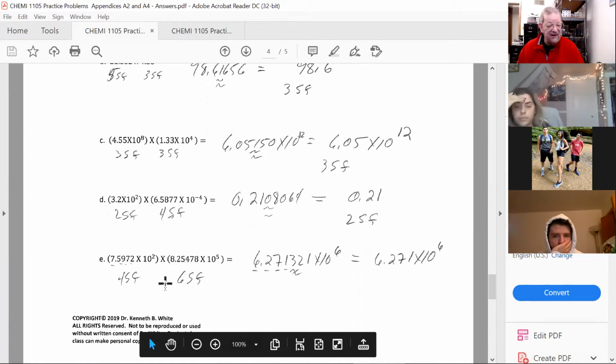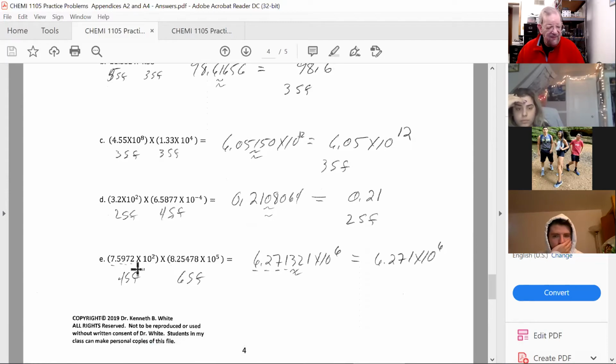Now, let's look at E. And here, I'm multiplying again these two numbers. And if we look at the first one, it has 1, 2, 3, 4. This is a mistake. 5. This is a mistake too, so I'll rewrite the right number.